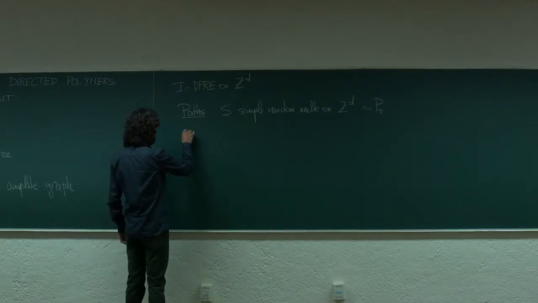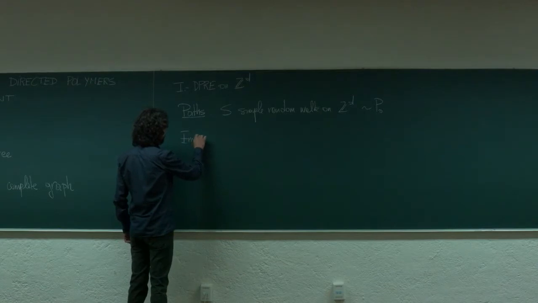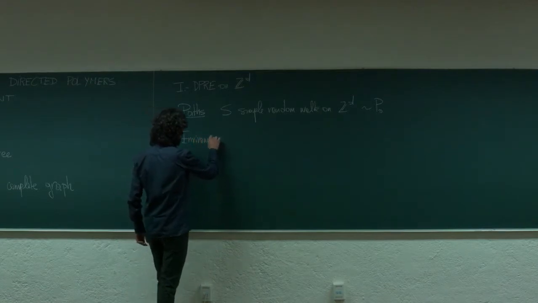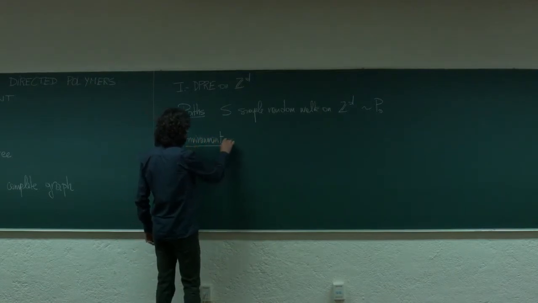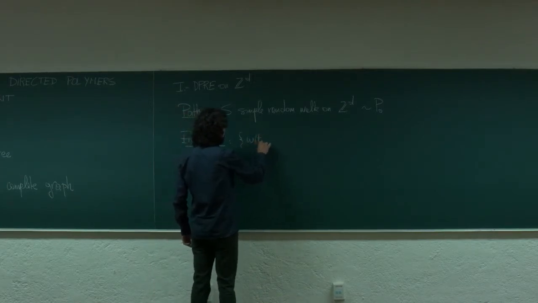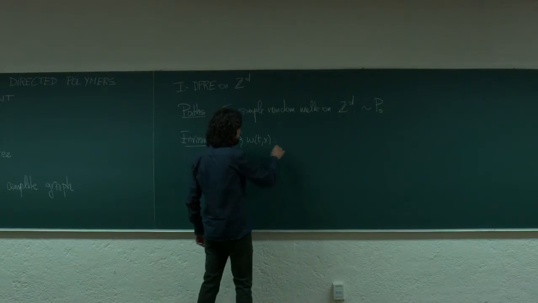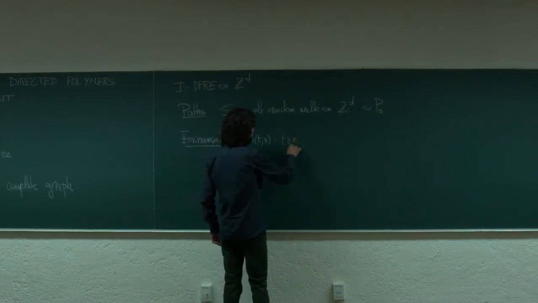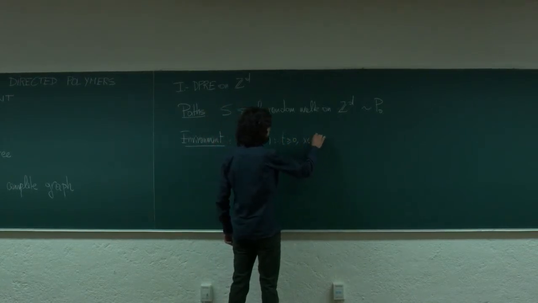And next, I have to introduce the environment, which is simply a collection of IID random variables indexed by time and space. Time is discrete, space as well.